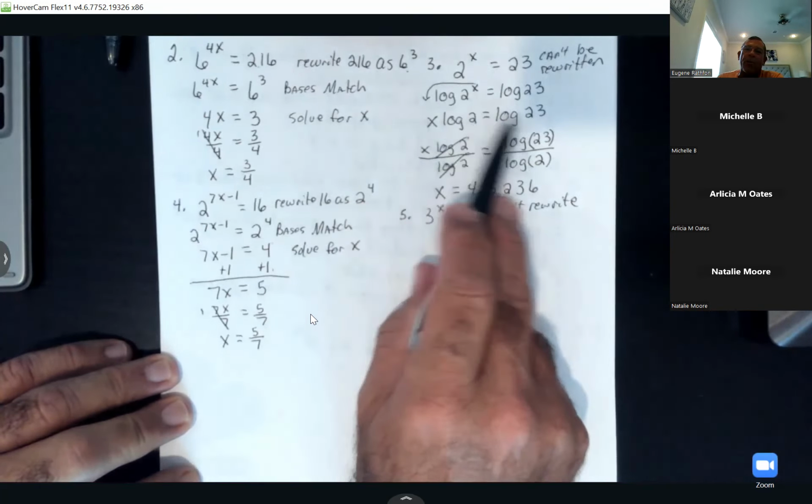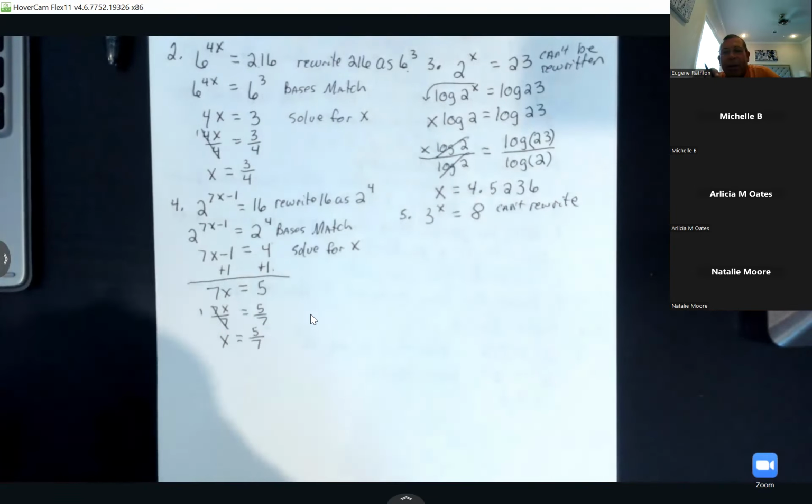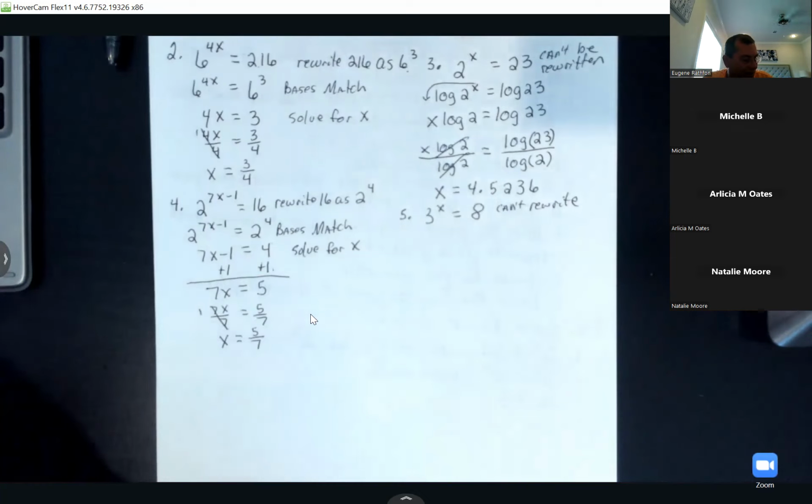We're going to take a log of both sides like we did up here. And y'all, let me tell you a little trick on this. If you look at the answer blanks, the ones that can't be rewritten are telling you to round to 4 decimal places.